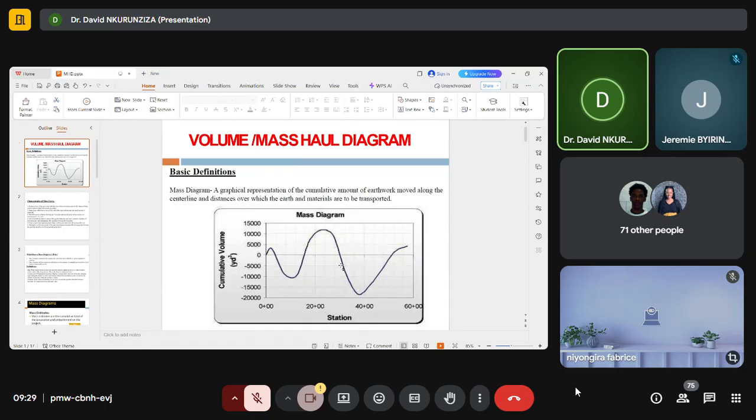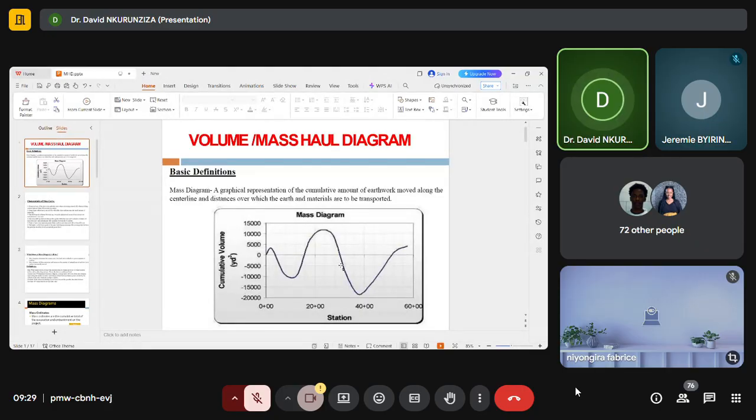You can have a steep slope which is rising, or a steep slope which is falling. So we can note down that rising indicates cuts, and the falling section indicates fills.